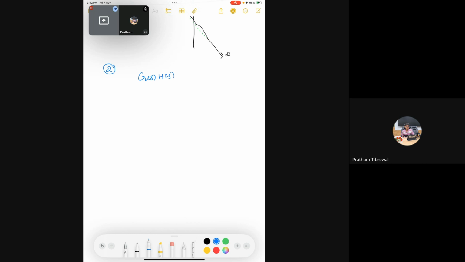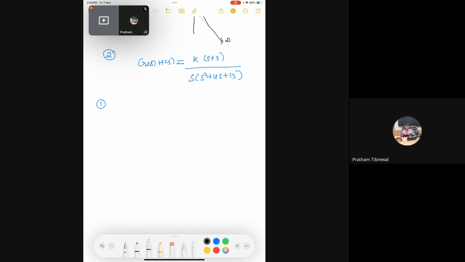G(s)H(s) equals k times (s plus 3) divided by s times (s squared plus 4s plus 30). Right. This is your open loop transfer function. Now, what is the first step of finding the root locus?